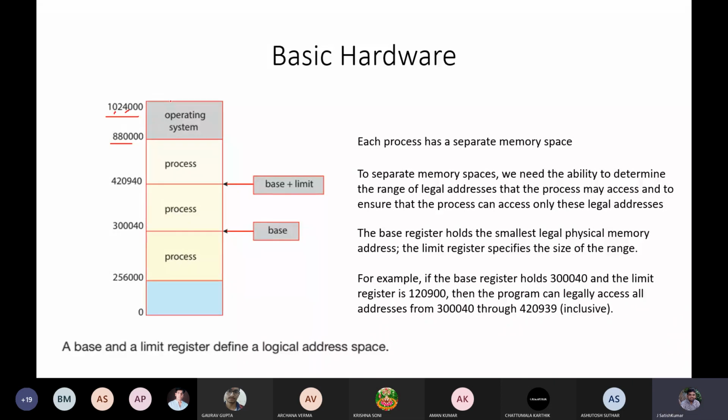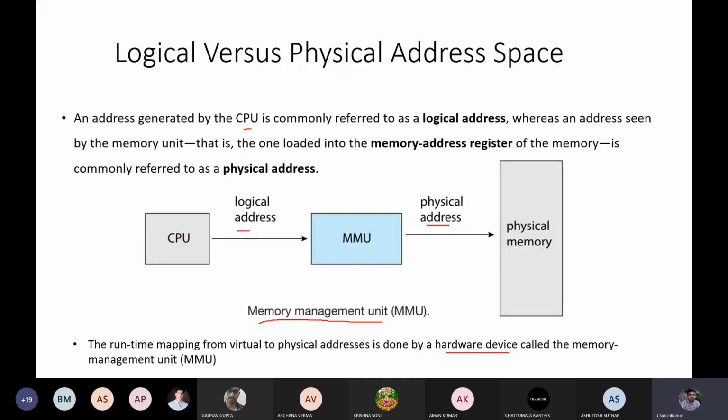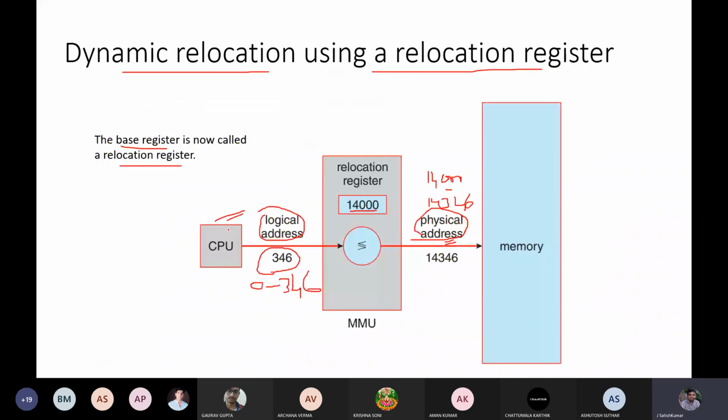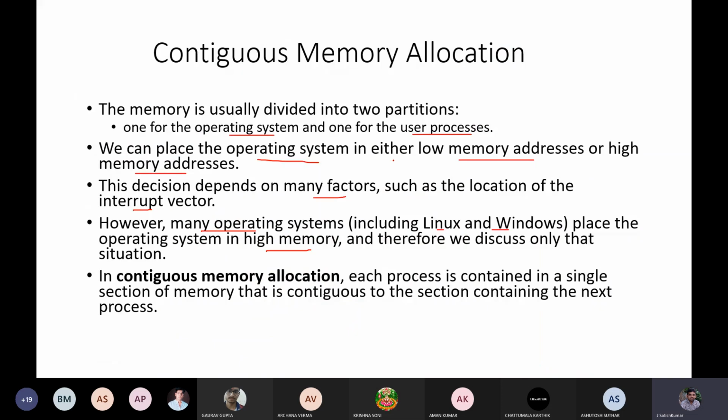Or else we can allocate the operating system to the higher memory addresses. Usually nowadays Linux and Windows both allocate the operating system in the higher memory. From 0, the rest of the remaining available memory will be allocated for the user process. But you can allocate either way; it depends on various factors.